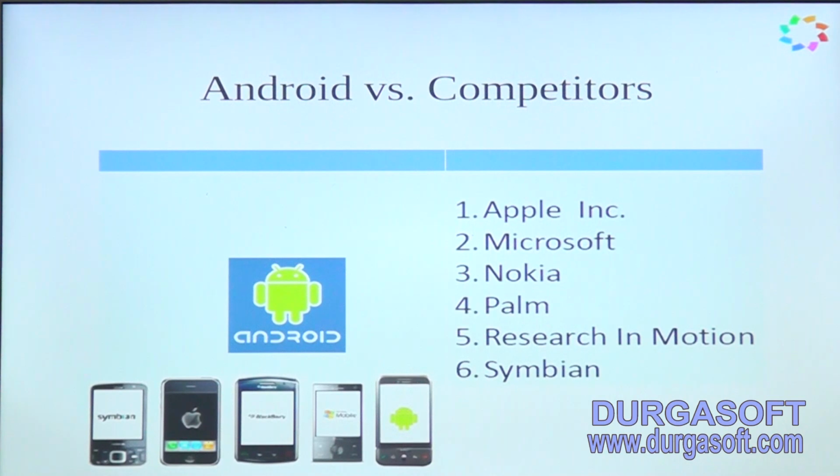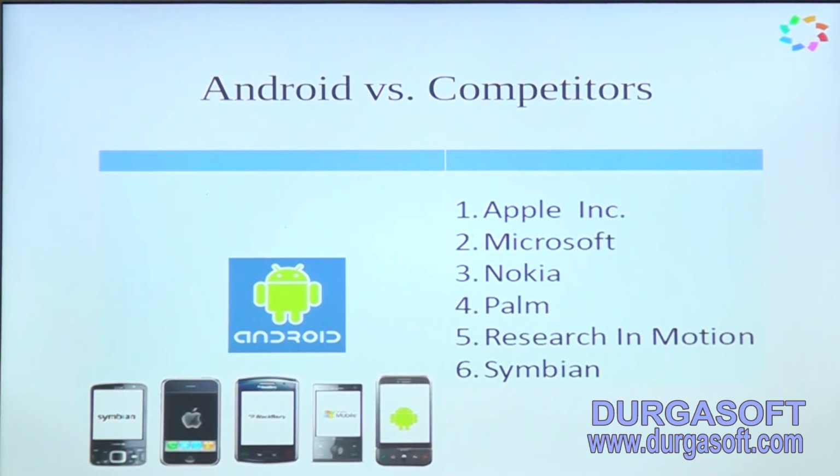Yes, Nokia is also a competitor, and Palm is another OS which is also prior to Android and was a competitor to Android. I personally feel that these are not completely in the race as of now, because Nokia is already incorporating Android OS by now, and you have seen so many Nokia phones released with Android OS.